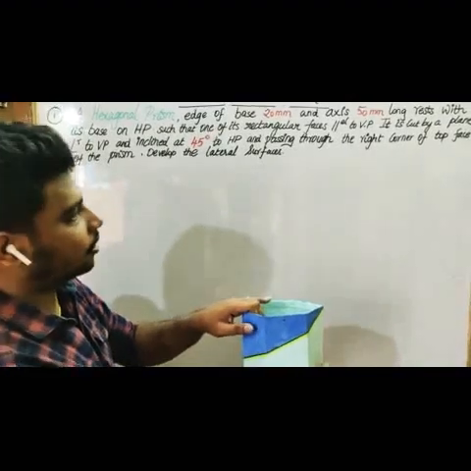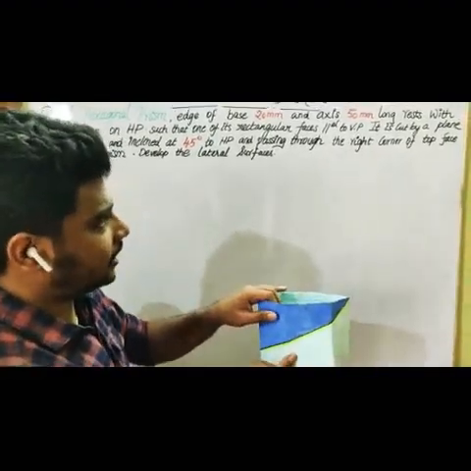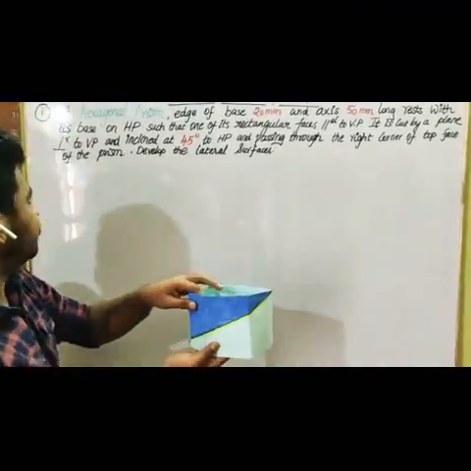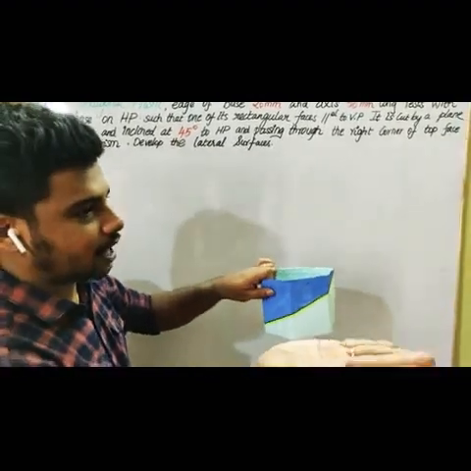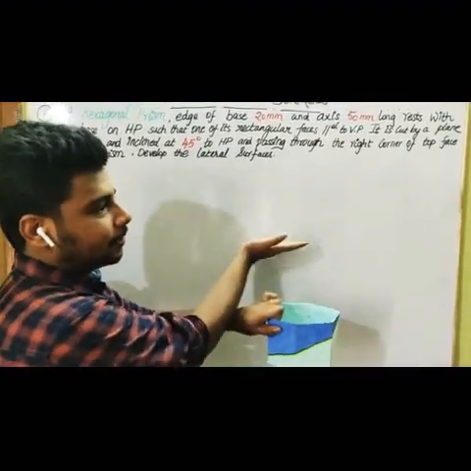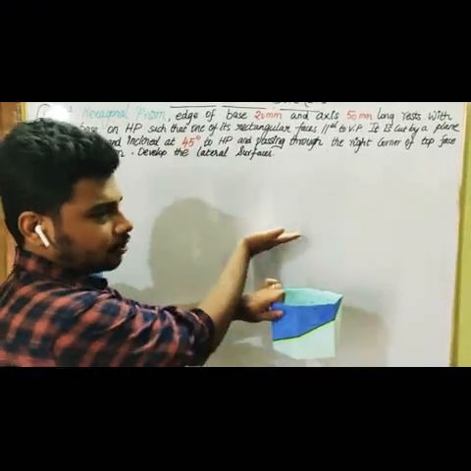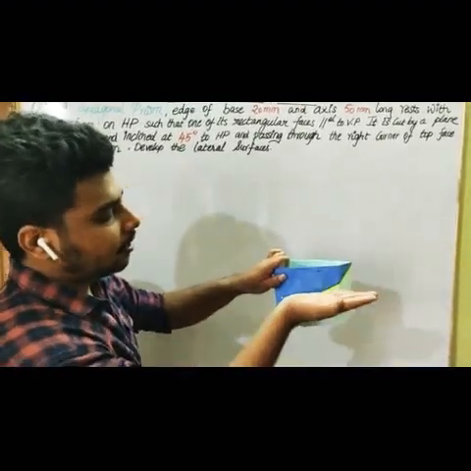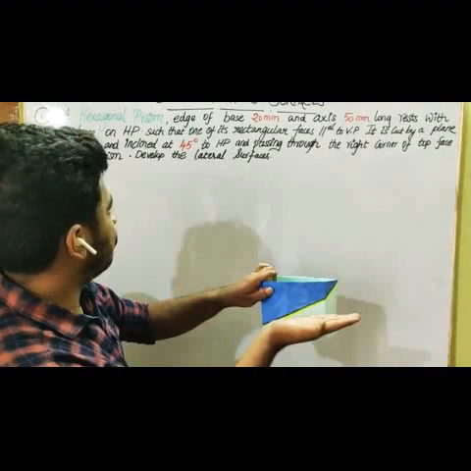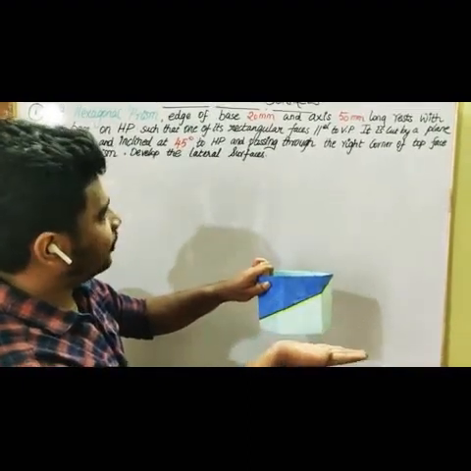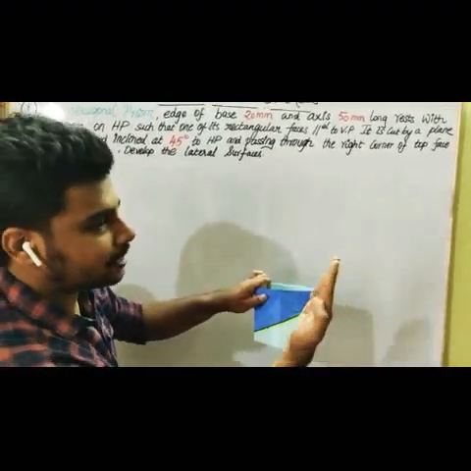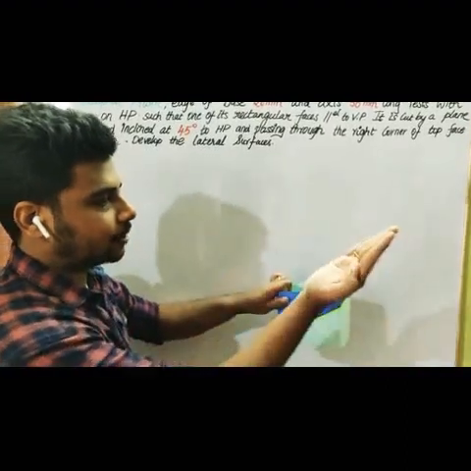Now we are talking about the cutting plane. It is cut by a plane perpendicular to VP. So I am going to cut the object perpendicular to VP, and also inclined at 45 degrees to HP. Whatever the inclination you make, it is also perpendicular to VP.